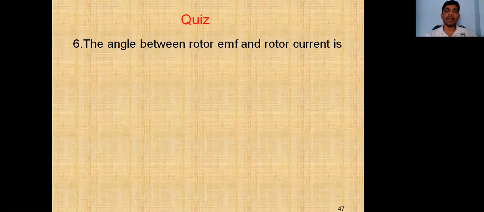The angle between rotor EMF and rotor current.